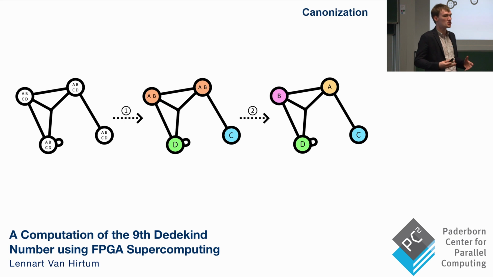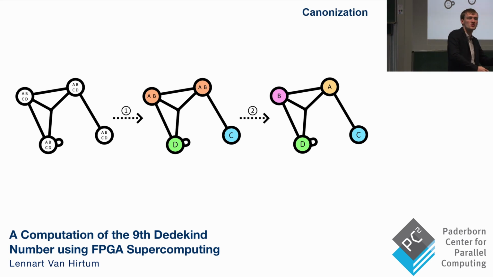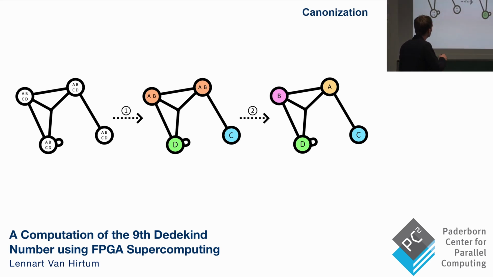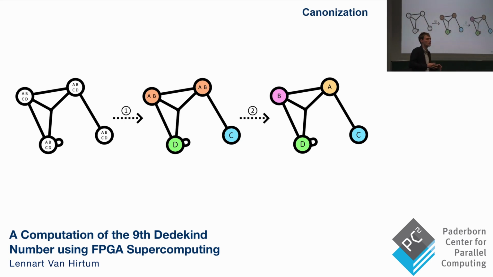So canonization basically means you can start from any naming of the vertices and do a certain set of operations, like swapping them in a certain deterministic way, such that for any permutation of these input vertices, we end up at the exact same output permutation. And what we can do then is we just call this one our representative, we hash it, and we can use this in our lookup map.